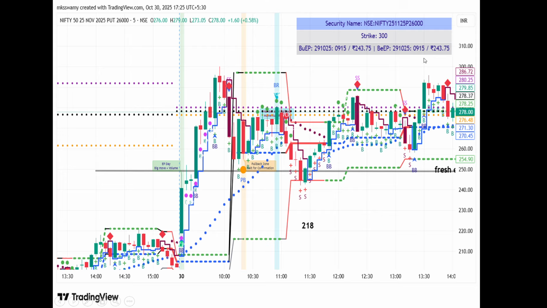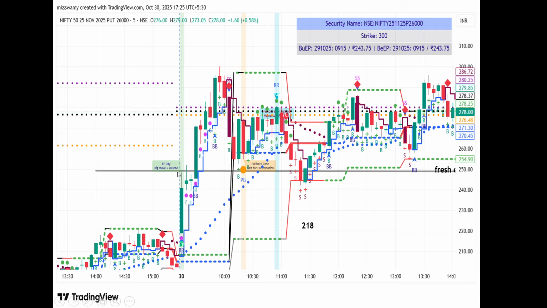Simultaneously, a bearish EP will also be plotted, because both call and put options will be active in the opening. That's why it is plotting that. Don't confuse. And mark, see, this big bullish EP with a green bar has formed, and you are confirmed that this is the level.